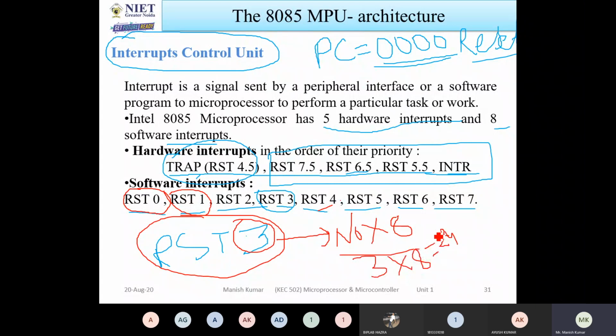Remember that. Correspondingly, you have to convert it to hexadecimal. That is the vector address of the corresponding interrupt. The same way you can find all. Whenever I discuss the interrupt section, I will tell you the rest of the story.